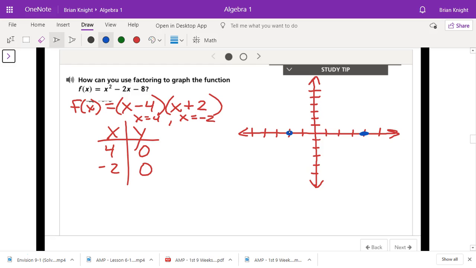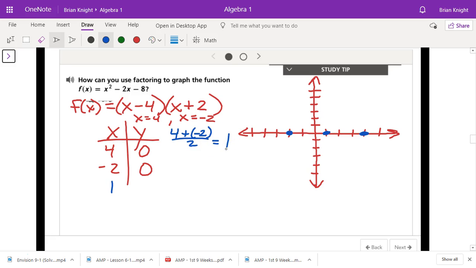It's in the middle. Okay? So, what is the x part of my vertex? 1. Because 1 is in the middle. You got me? Okay? Now, you can either count or you can just do what with these two numbers? Add them up and then divide by 2. 4 plus negative 2 divided by 2 is 1.